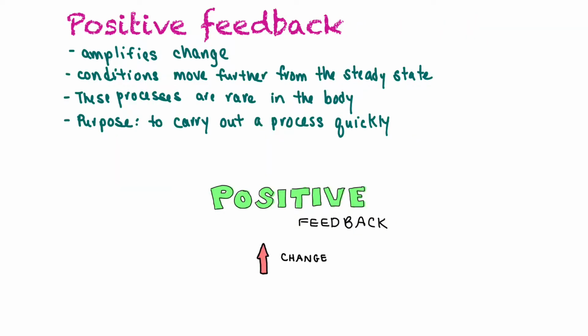So a positive feedback loop actually amplifies change, so the conditions will move further from the steady state. And these processes are rarer in the body, and the purpose for them is to carry out a process quickly. A couple of examples of positive feedback would be, for instance, the birth process.